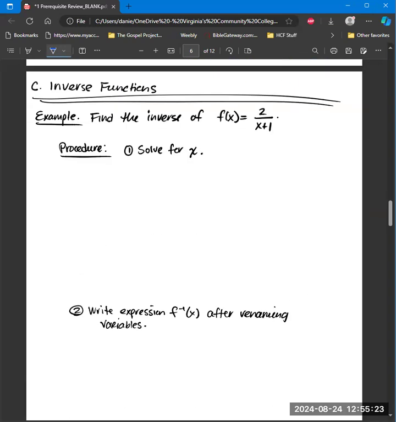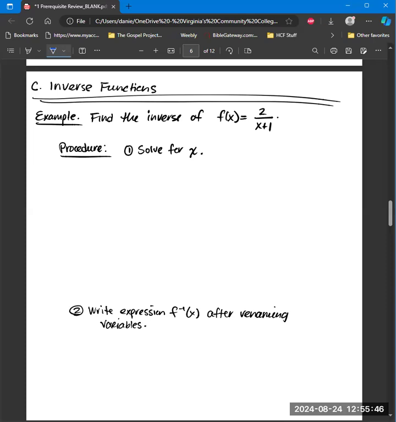Let's talk about inverse functions for a second. We did this in Precalculus as well. If we want to find the inverse of f of x is equal to 2 over x plus 1, slightly different wording of the process here, but same thing that you did in Precalculus. Instead of switching x and y in the beginning, I'm going to switch x and y at the end. So I'm going to solve for x here.